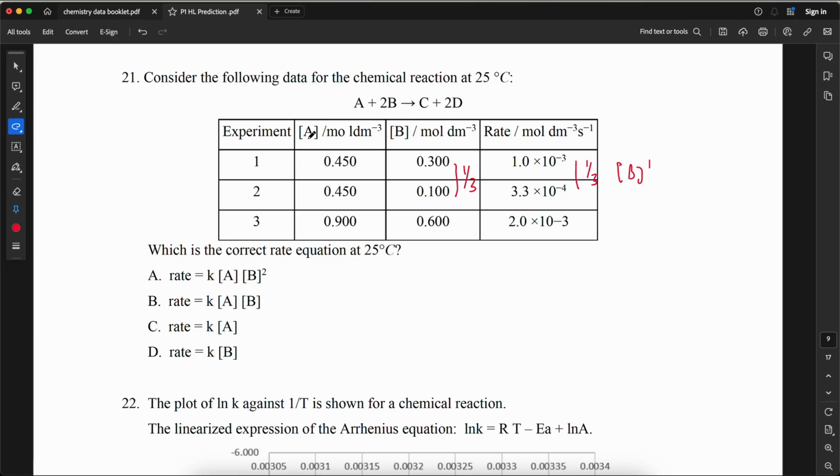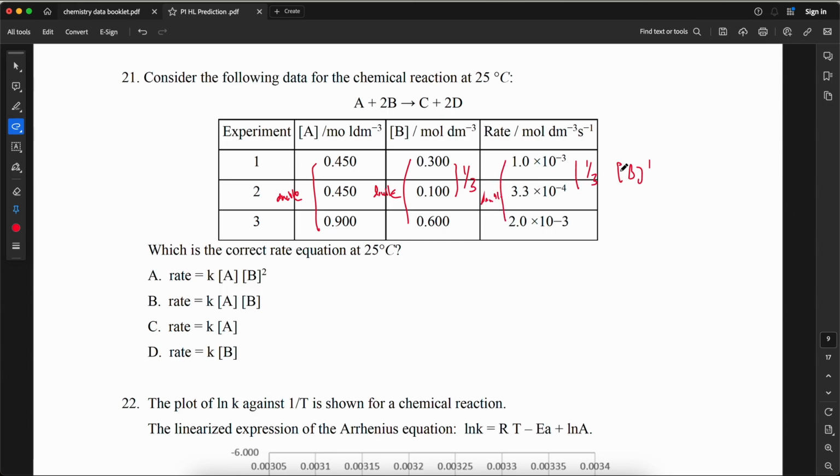And for A, the order of concentration of A, from experiments 1 and 3, they are double, and this one is also double, and this one also double, right?